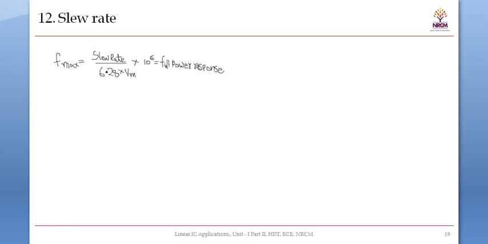The manner in which the gain of op amp responds to different frequencies is called as frequency response, and the graph of magnitude of gain versus frequency is called as frequency response plot. So the frequency response plot I am showing here.